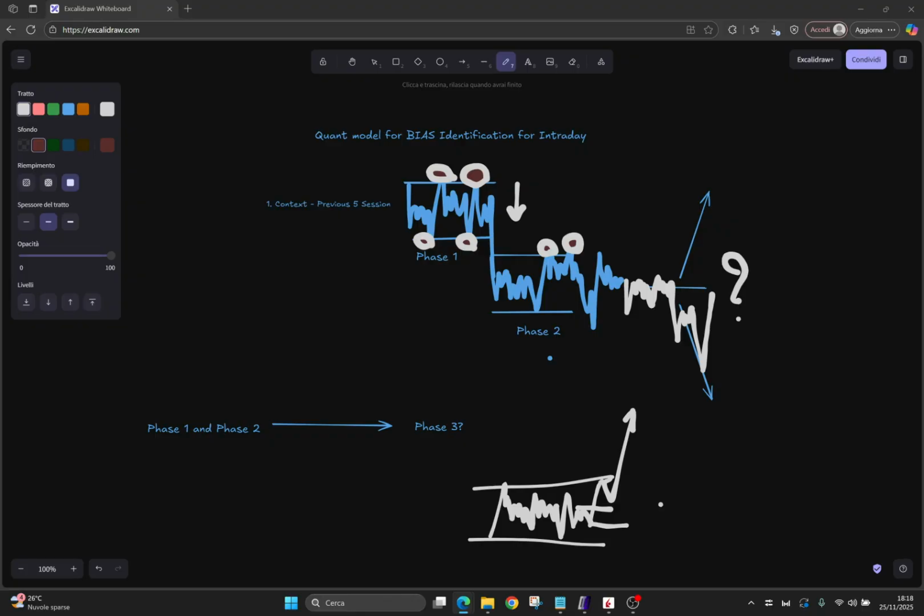So they try to go in the direction of the last break. But you need to remember that this piece of information is 5% of the session. The session already told you that for 9, 10, 12 hours they are protecting the low. So which information is making you think they will break now?